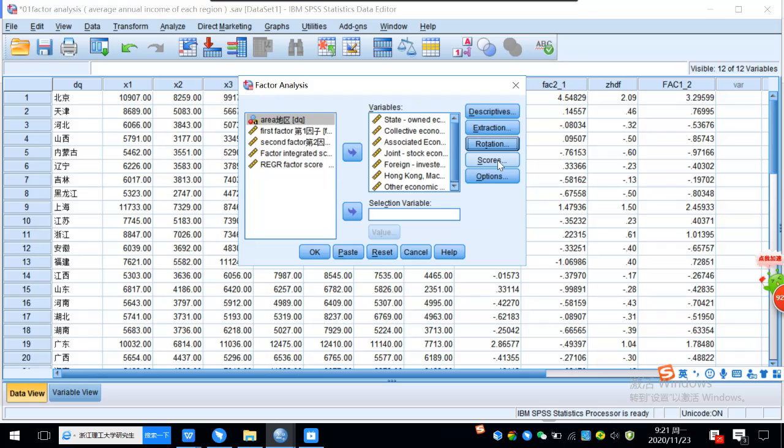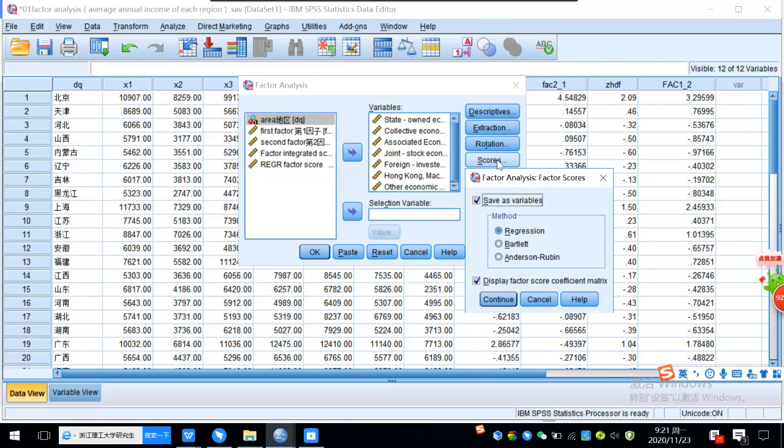Scores. After the factors are extracted, we need to choose a way to calculate the factor scores. Normally, we would like to use the regression method, which is also the default method.